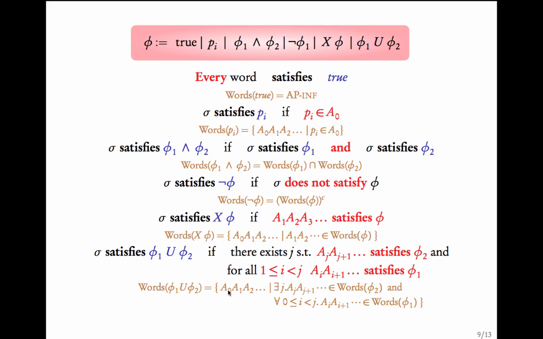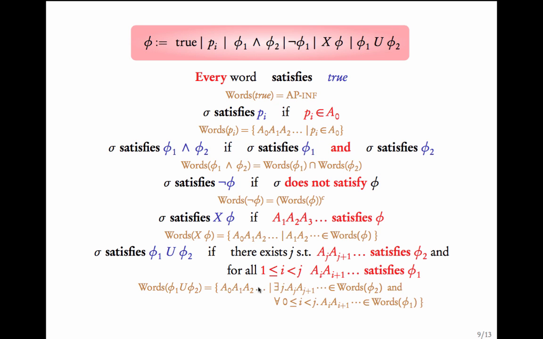It's the set of all words such that there exists a j where aj plus 1, the suffix starting from aj belongs to words of phi 2, and all suffixes starting from i's between 0 and j minus 1 will be in words of phi 1.